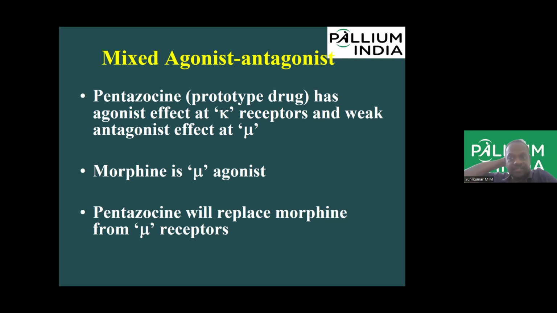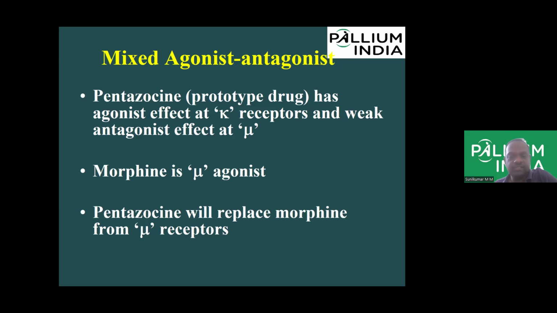Now, you may think, okay, this will give more pain relief, but as the morphine is replaced from the mu receptor, and now pentazocine is sitting on the mu receptor and acting as an antagonist, it will produce more pain.